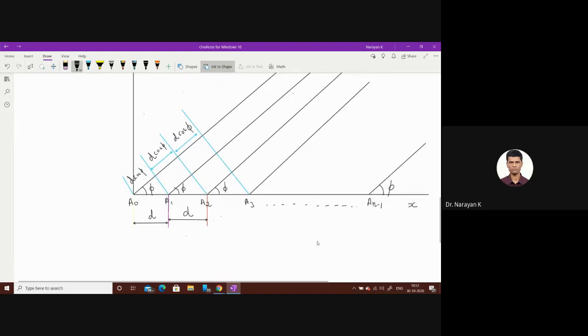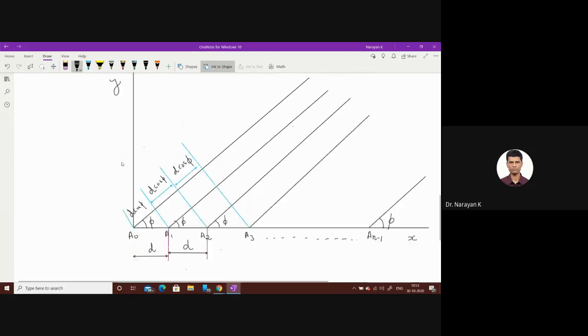Now what we have done is we are doing an array of n point sources instead of 2 point sources. So I have n elements here: A0, A1, A2, A3, A4, up to A(n-1). The next element will be An, the nth element, which will be the last element.